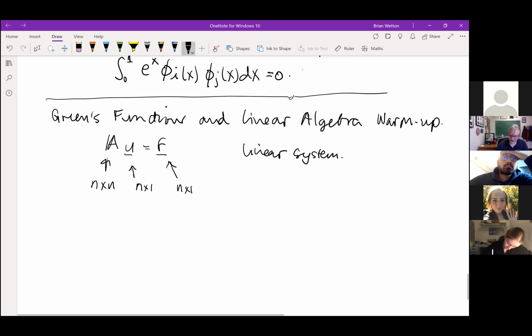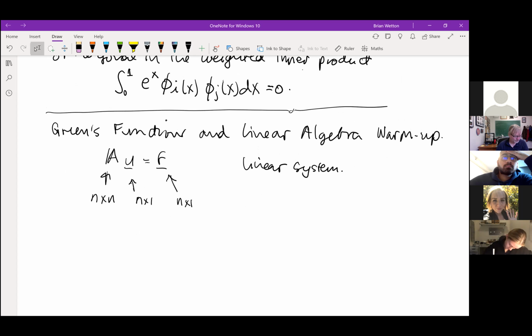So something before you learned about eigenanalysis was just doing Gaussian elimination on that problem to find the solution.